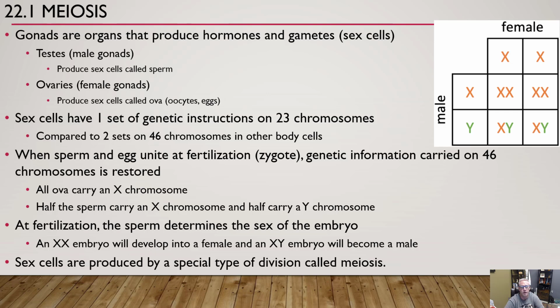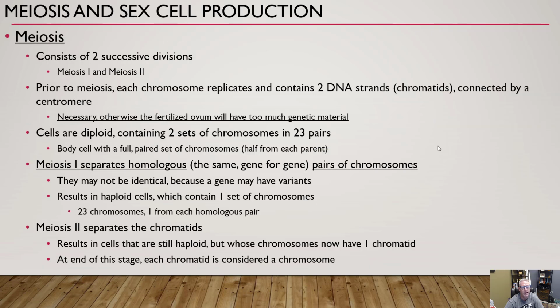That was with regular body cells, non-sex cells. But when we talk about sex cells, we are talking about meiosis, not mitosis. So in meiosis, we can break that down into meiosis 1 and meiosis 2. It's actually two consecutive divisions.